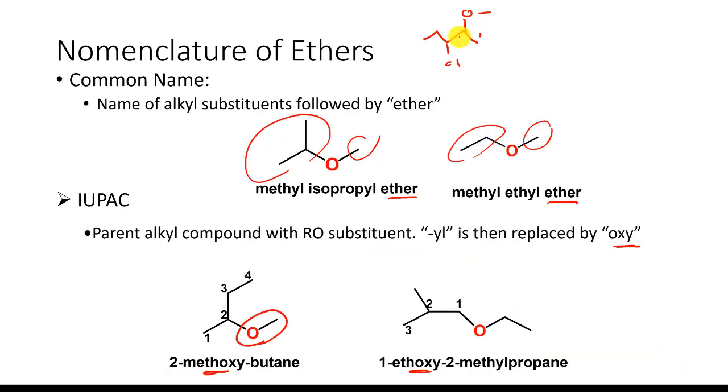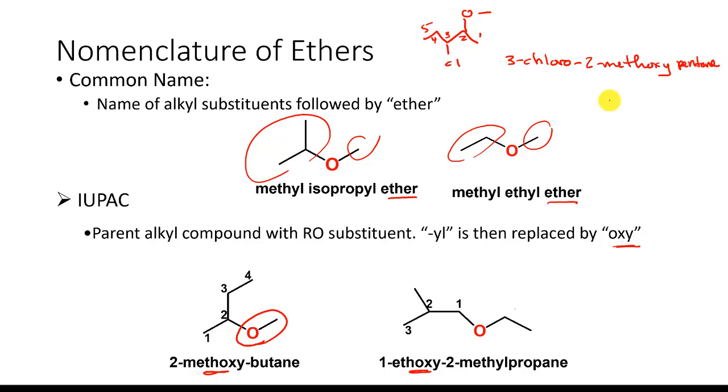So this would be 1, 2, 3, 4, and 5. Then you would say it's a 2-methoxy and a 3-chloro. So putting this together, it's 3-chloro-2-methoxy, and then it's an alkane name, so it's pentane.